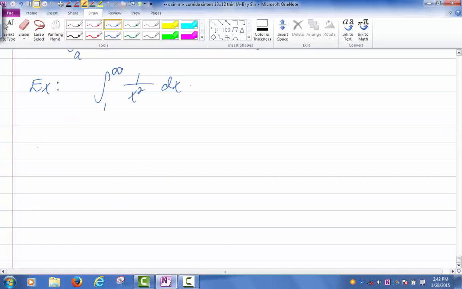So let's say number one. Let's say that I have a function f. So consider a function f of x on an interval from a to infinity. So a is a constant here, a is a number.